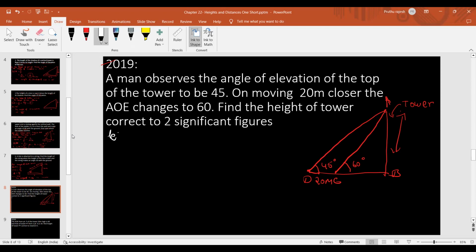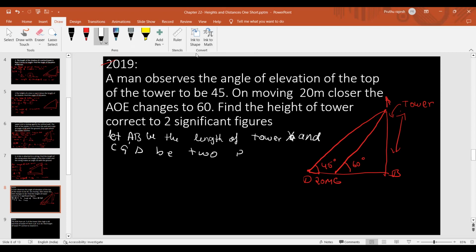So first let AB be the length of the tower, and C and D be two positions of the man.